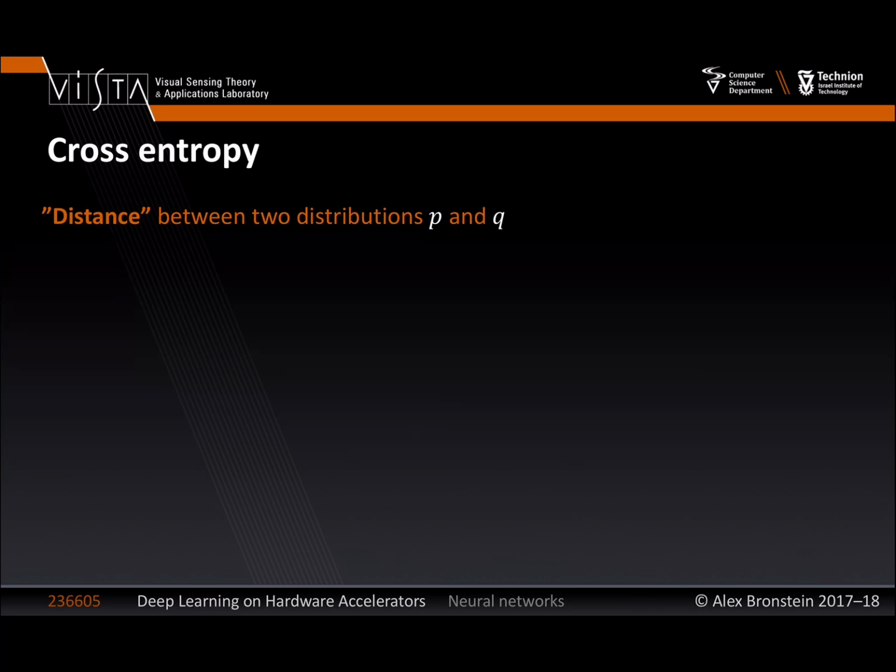So the cross-entropy of two probability measures P and Q is denoted by the letter H(P, Q). It is defined exactly as the expectation over P of the negative log of Q. Okay?